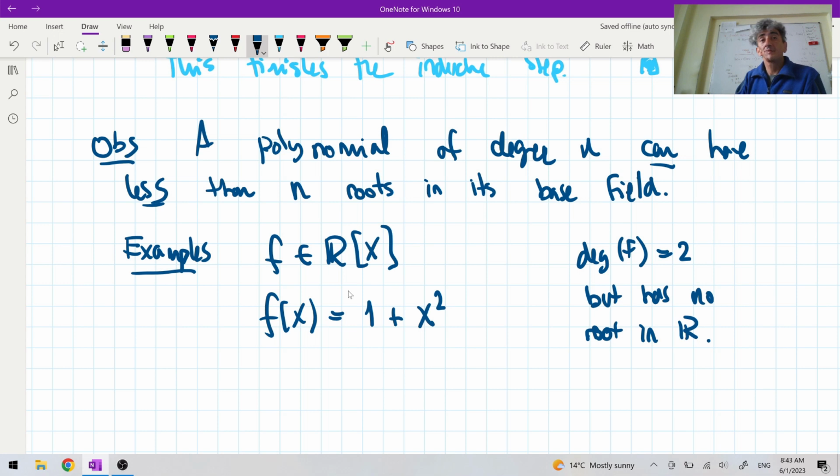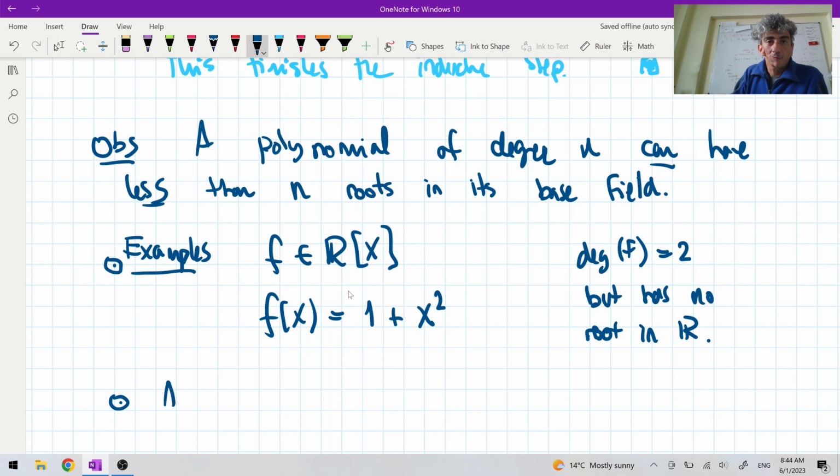The same happens in every other field. We can construct polynomials with no roots in a certain field, in most cases. There are some cases in which the fields are what we call algebraically closed. That means that every polynomial has a root in there.